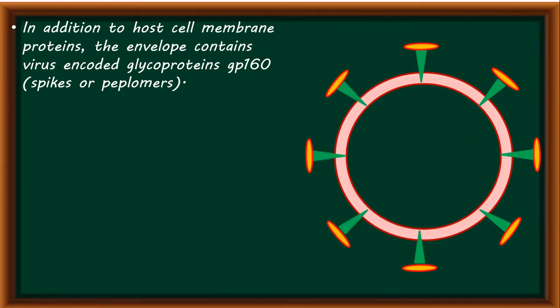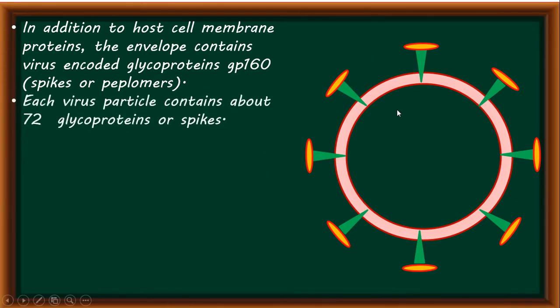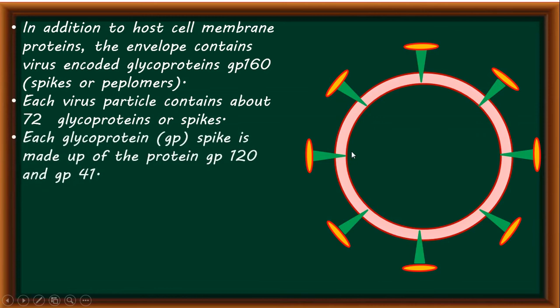So you can see in this figure, these are the spikes. Each virus particle contains about 72 such glycoproteins or spikes. Each glycoprotein, that is spike, is made up of two subunit proteins. One is glycoprotein 120 and the other is glycoprotein 41.